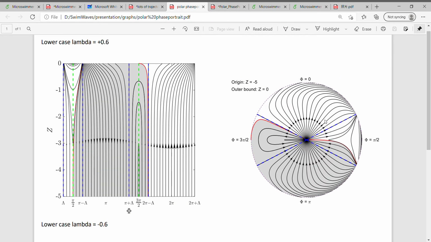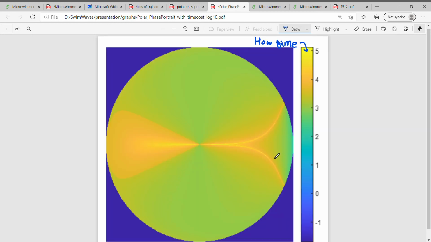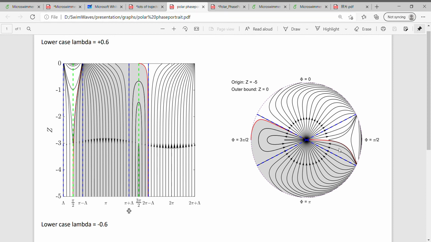This is the color version of these phase portraits. You can see that we have a yellow tunnel at the right-hand side, which means, let me check the orientation, yes, the microswimmer starts at this position and can go very deep, and still manage to come back.